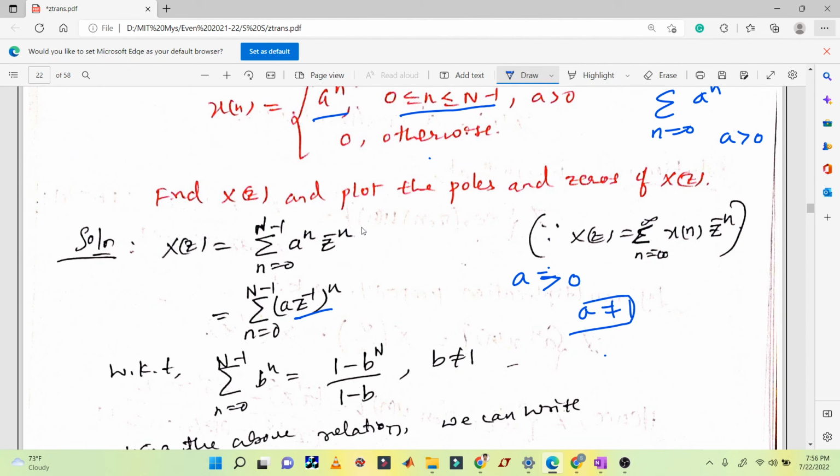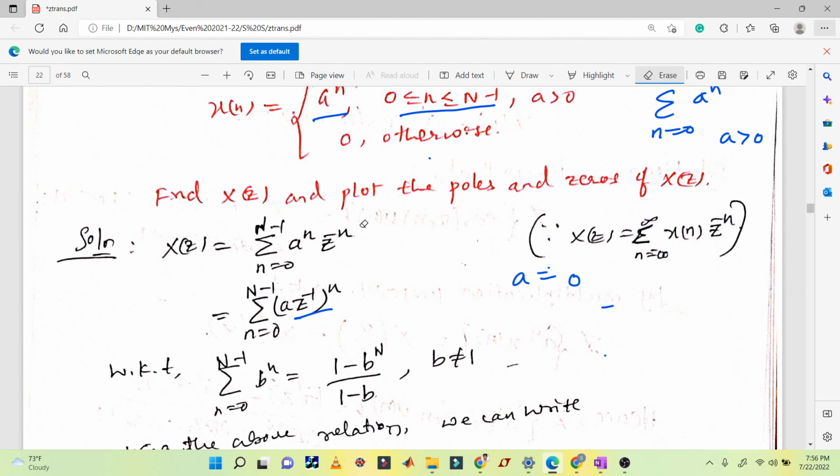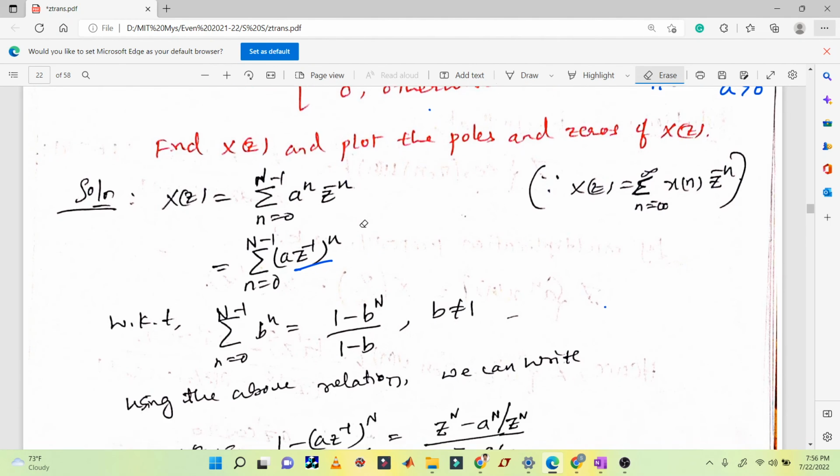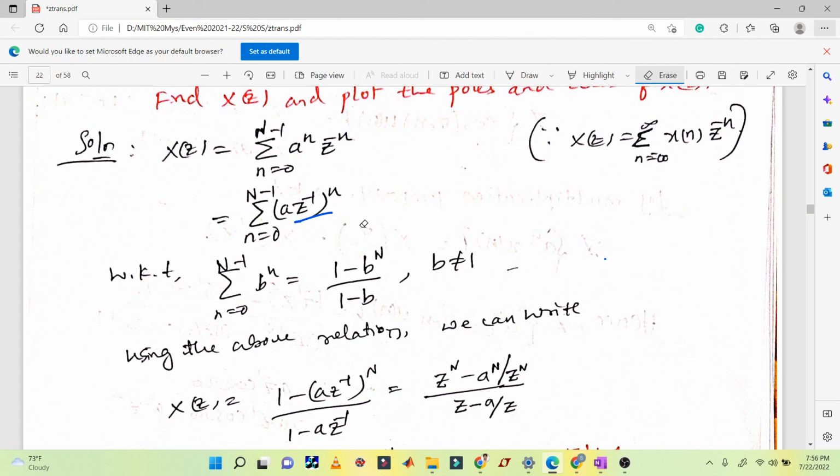So based on this assumption, we are going to solve this problem. It is simple, based on whatever we have already calculated. The summation limits are this, and the equation which we gave on the very first page, let me show you that.